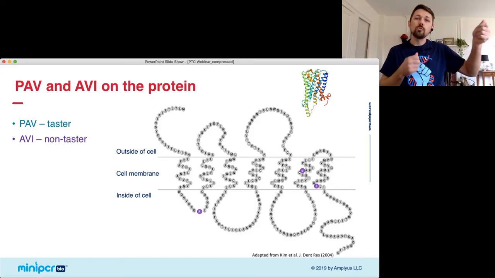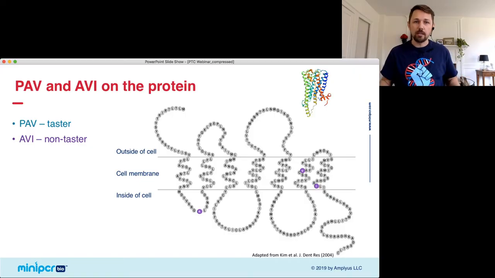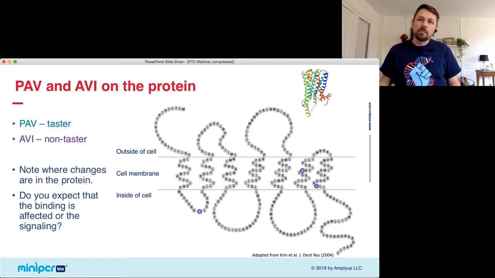So that's sort of two ways that this protein could break. We just show you this because if you note where the changes are relative to the cell membrane, the outside of the cell and the inside of the cell, you can start to make a prediction about which one of those 2 things are different. Now, again, we don't actually know for sure, but we can make a prediction.